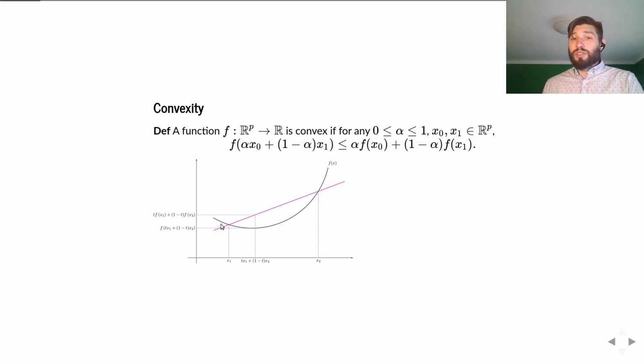So we're just drawing this secant line, and we're talking about the interior of the secant line here. And if it lies above this function here, and this holds regardless of where we set this x0 and x1, then we say that the function is convex. So basically the idea is that the function has to lie below the secant line.